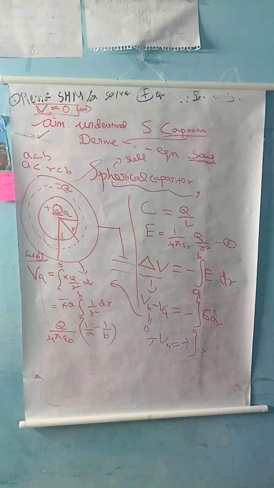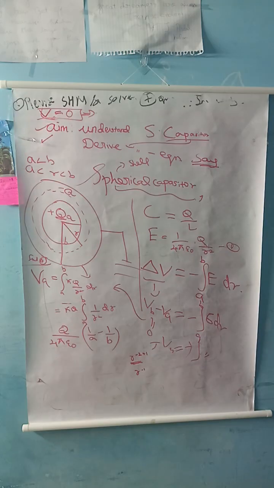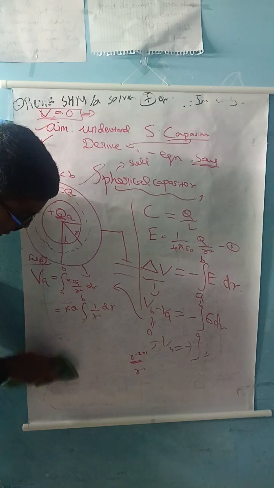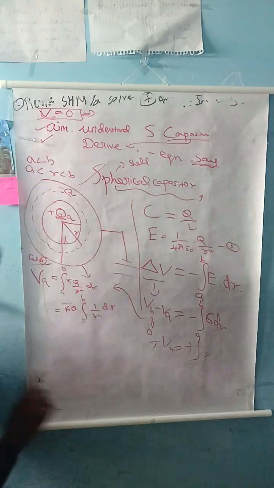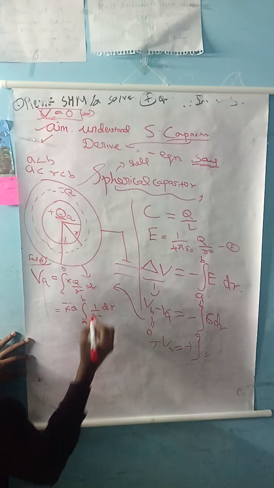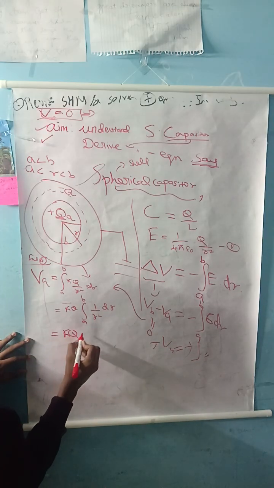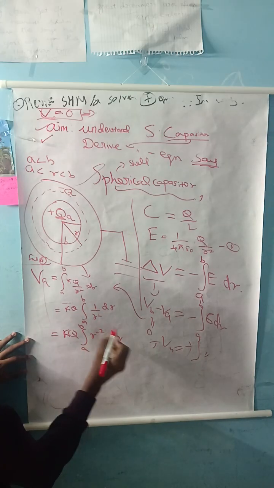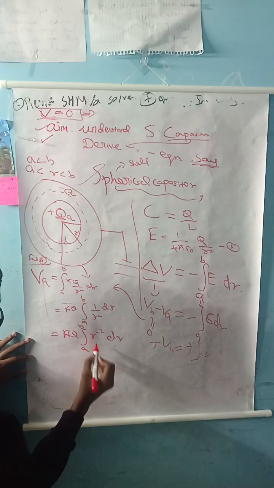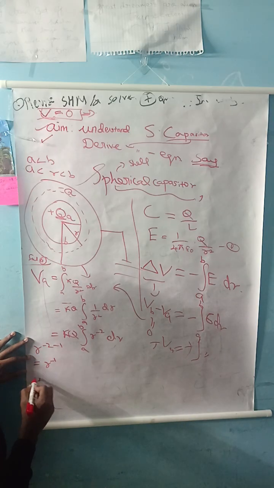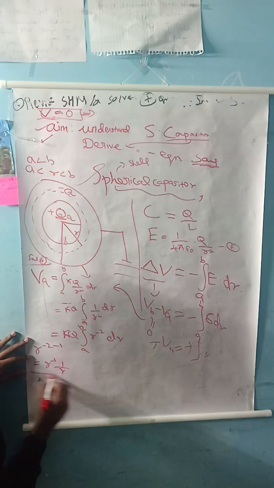Wait a second, guys. Let's not leave that integration part. Let's do that also. While we integrate, we take kq, integral from a to b of r inverse... of 1 by r square dr. Integrating r to the power minus 2, we get minus r inverse, so 1 by r is what we get.